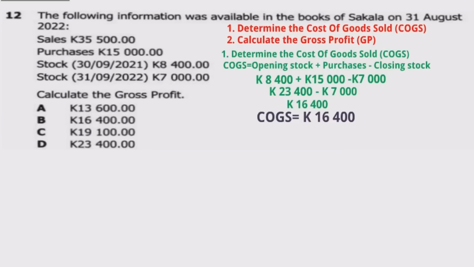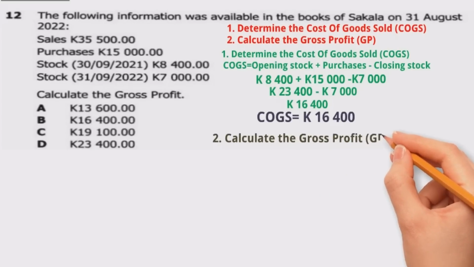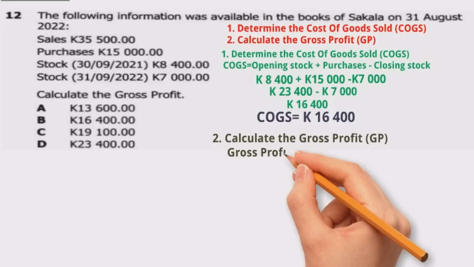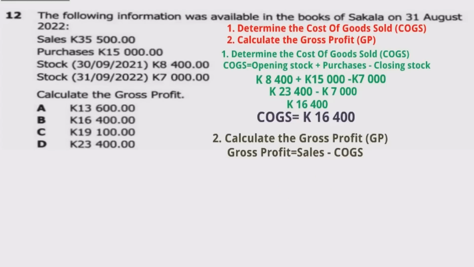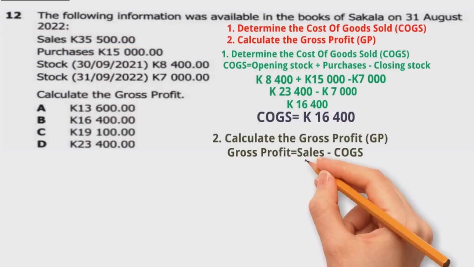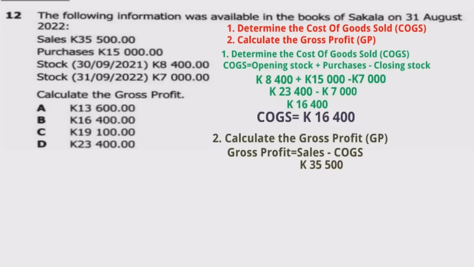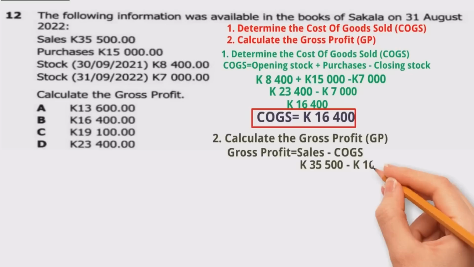Now we come to step 2, which is to calculate the gross profit, GP. Gross profit is equal to sales minus cost of goods sold, which is COGS. How much is the sales? Sales is 35,500 kwacha. So we write 35,500 kwacha minus 16,400, and find the difference.